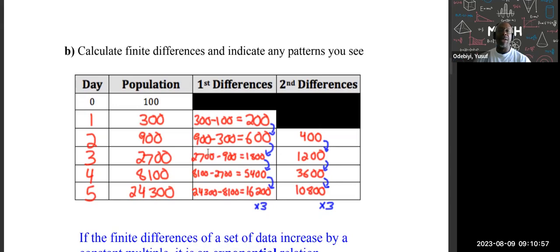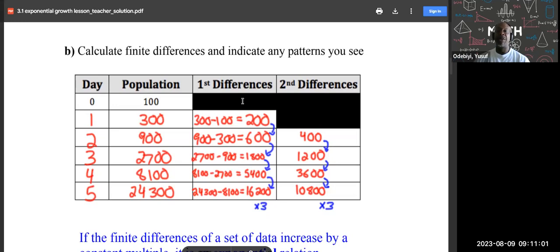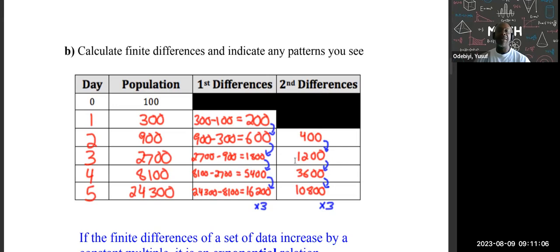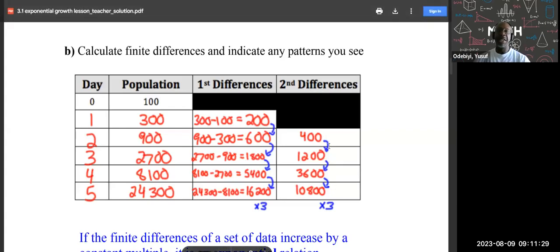Here, we're talking about how the first difference and the second differences in an exponential function are not the same. You can see 200, 600, the difference is not the same, but its growth is the same. So you go from 200 to 600, right? So it's the same multiplier, which is 3, because we're saying it's tripling for this one. And you do the second difference, it's the same thing, it's tripling.